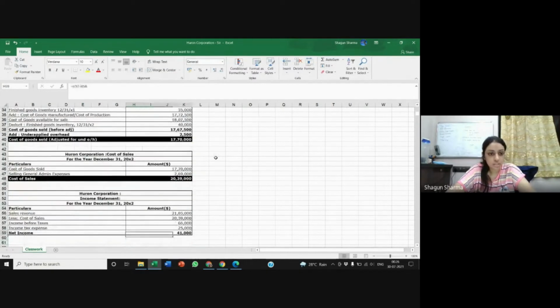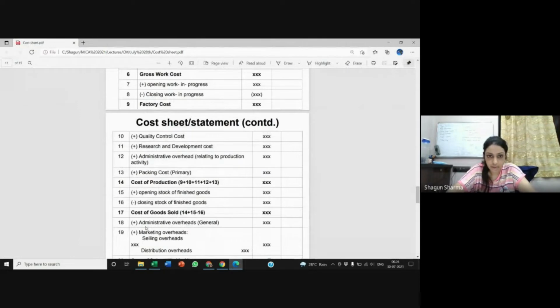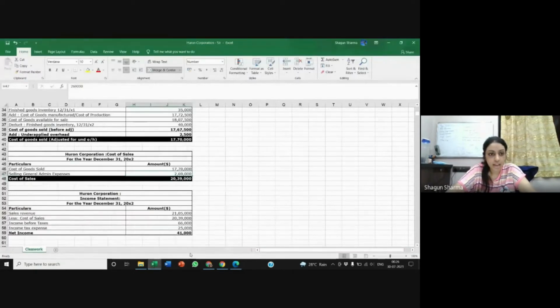Okay, now to this cost of goods sold, I further added my selling and general admin expenses, admin and selling, right? I added these to get my cost of sales. Now this cost of sales is comparable with my revenue.